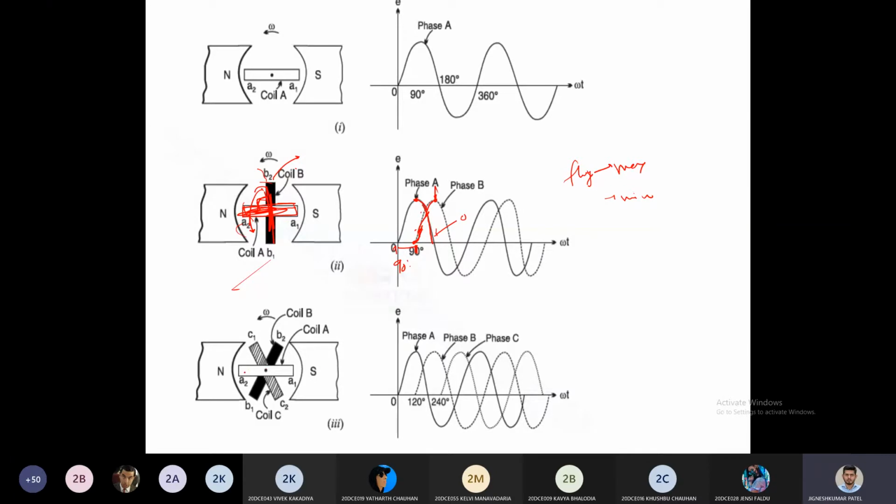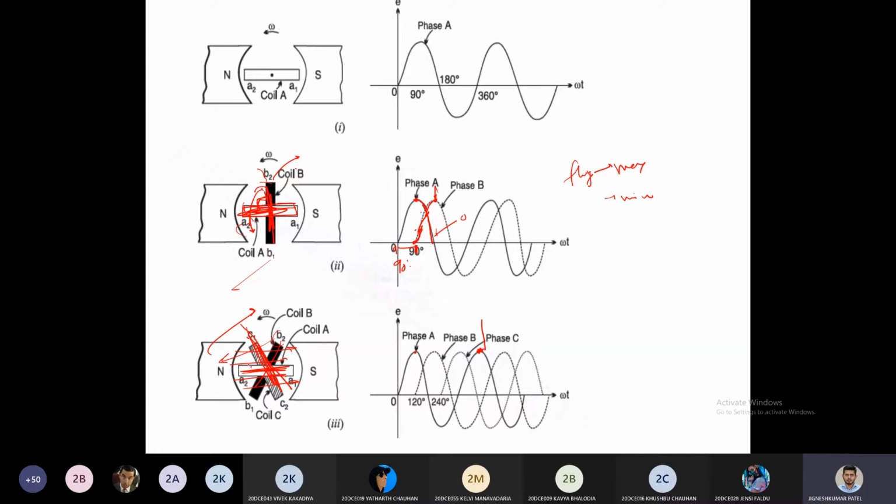Same way, in a three-phase system we have three coils. Here the flux linkage in this coil, phase A, is maximum right now. But at the same time, the flux in these two are similar but opposite in direction, because the flux lines go like this. So the flux cut would be the same, but one current is in one direction and the current in the other will be in the other direction.